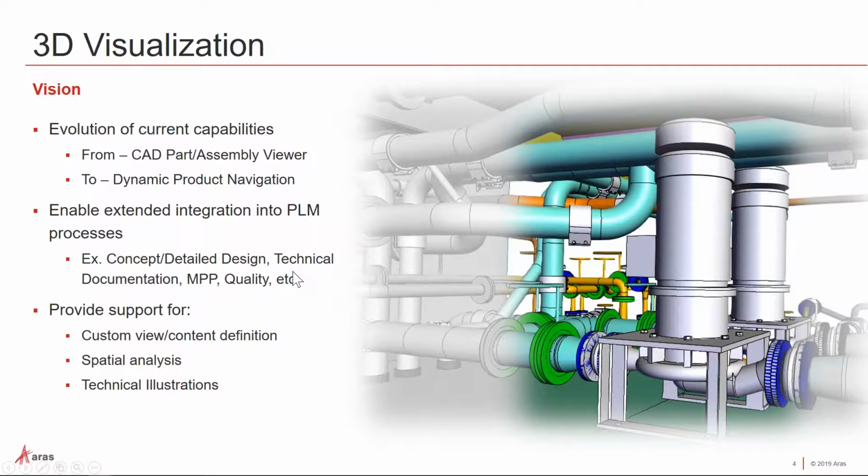We're also working on capability for spatial analysis, 3D search, looking for all parts or instances of parts that either touch or are in the vicinity of a selected instance of some component within their data model, including interference check. Finally, with this extensive visualization capability, we know that these 3D views will come in handy if you want to use that for technical illustrations.